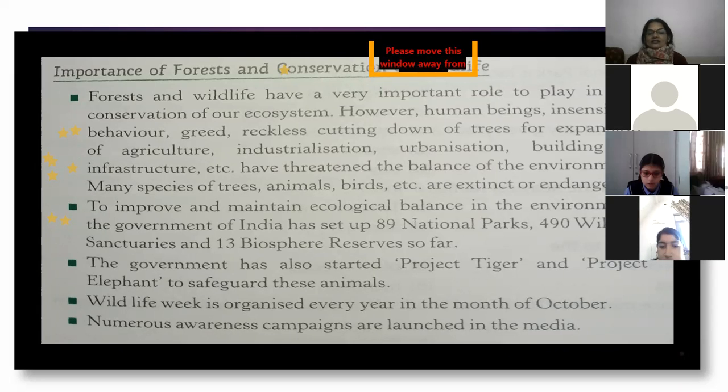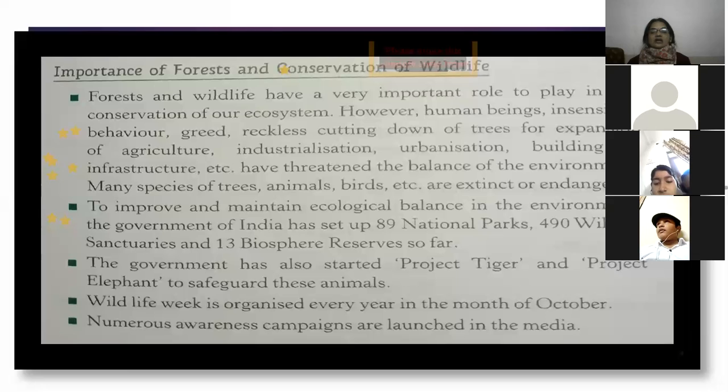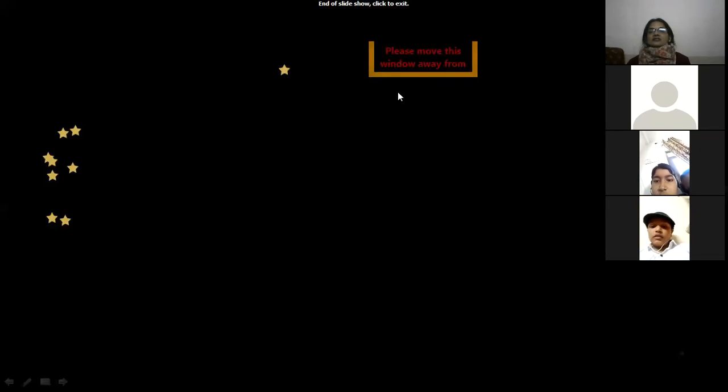Numerous awareness campaigns are launched in the media. Numerous awareness means more and more awareness about plants and vegetation programs have been done by the media, meaning news agencies. So students, this was about the importance of forest and conservation.